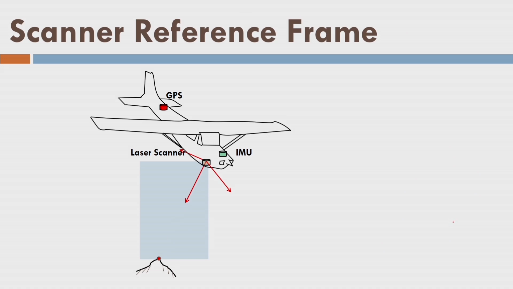Now let us define the scanner reference frame, which is like this. The x of the scanner reference frame and x of the instantaneous reference frame are same in the flight direction. Then we have this z direction of the scanner reference frame in the direction of vertical or gravity direction.